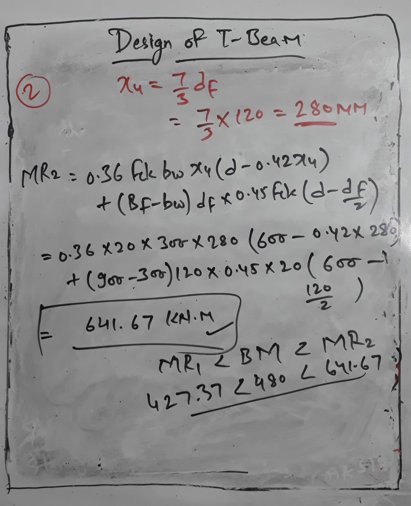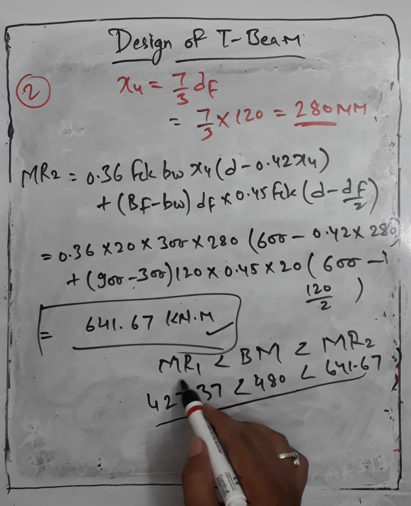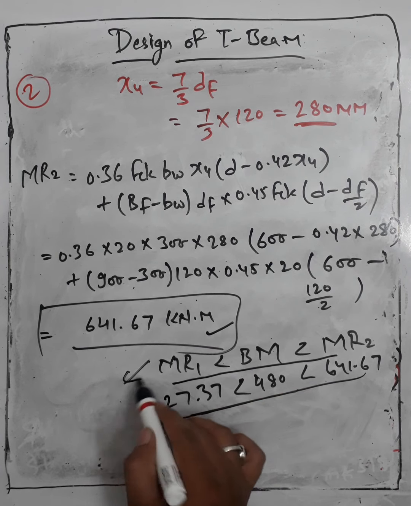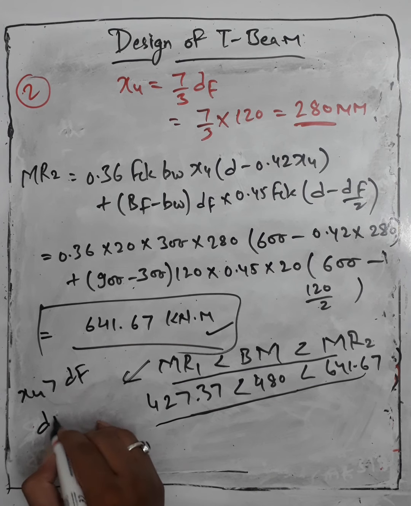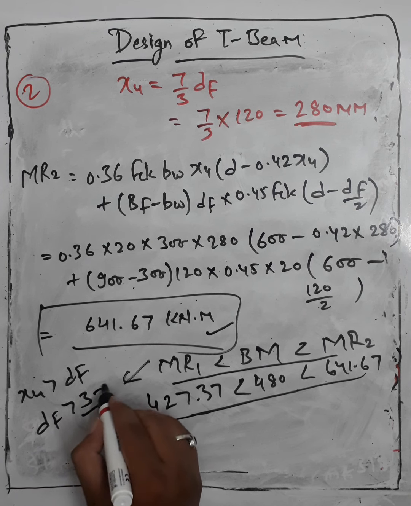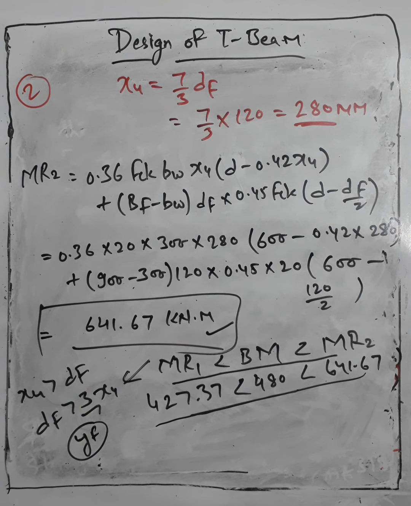We have to check MU limit also, which is the maximum moment. If you get this, then you take the case of XU greater than DF and DF greater than 3/7 XU, which means you use the YF formula.